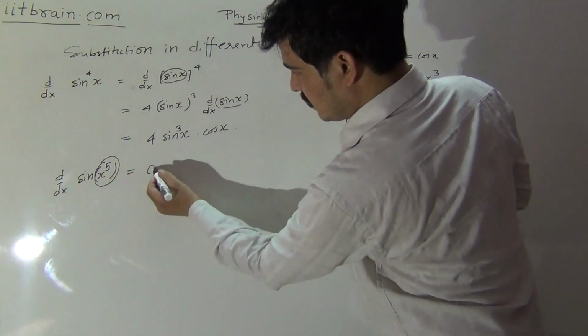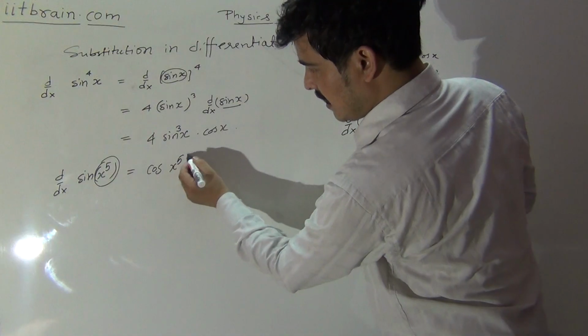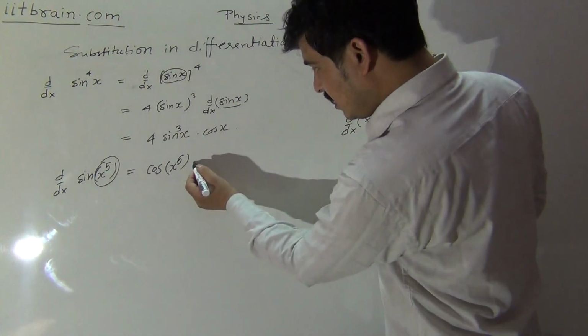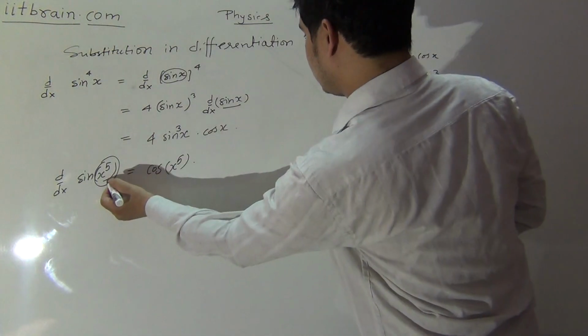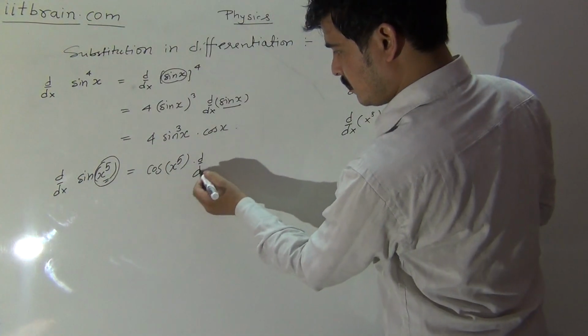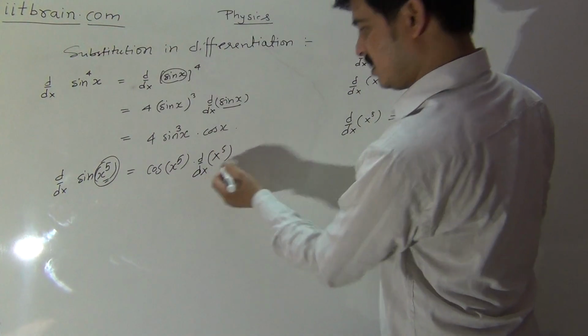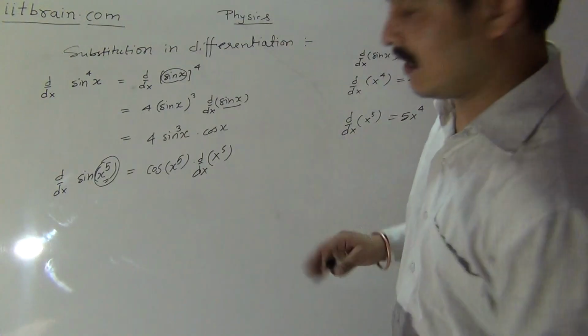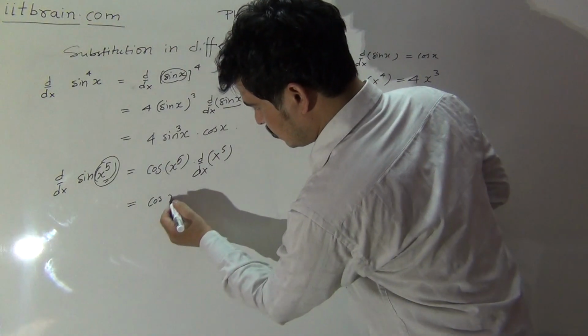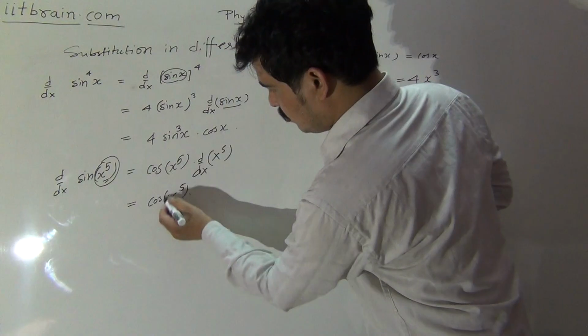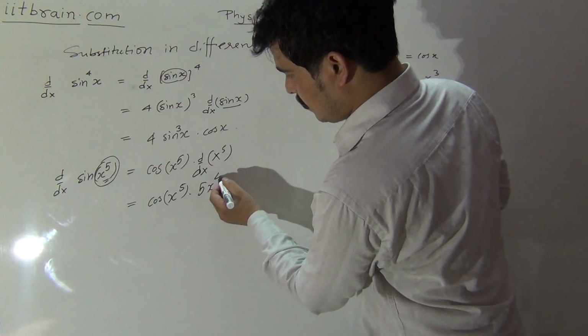So sin x, differentiation of sin x will be cos x into, since x is replaced by x to the power 5, so differentiate x to the power 5 again. The answer will be cos x to the power 5 into 5x to the power 4.